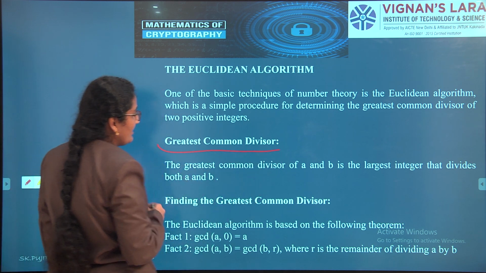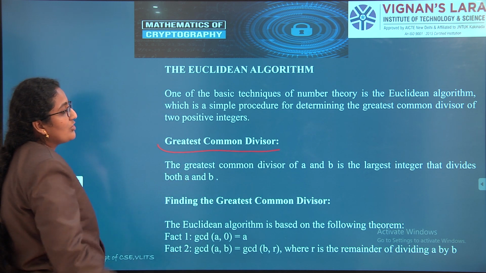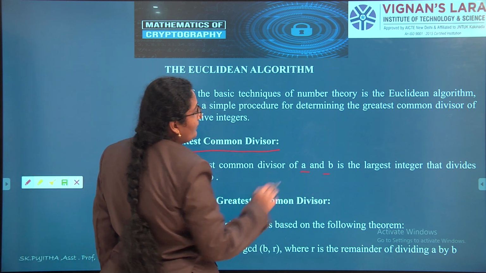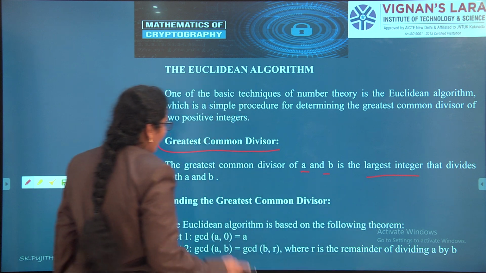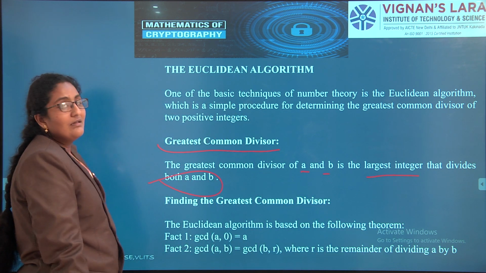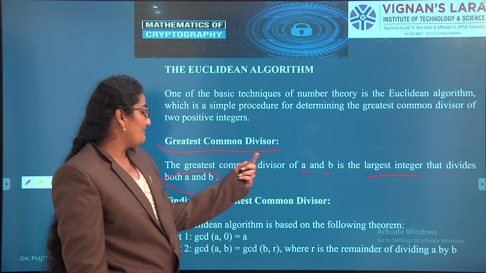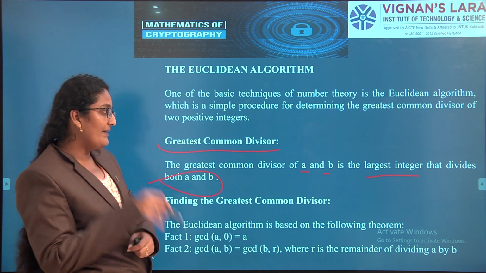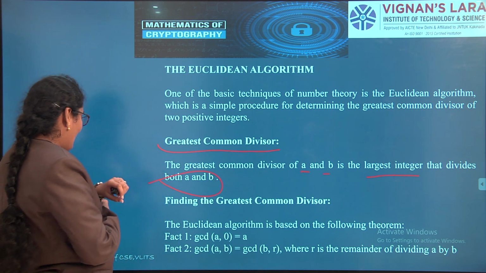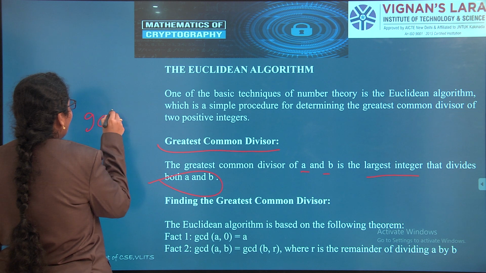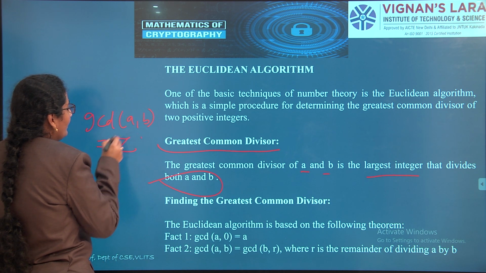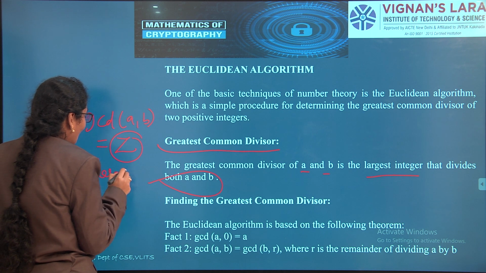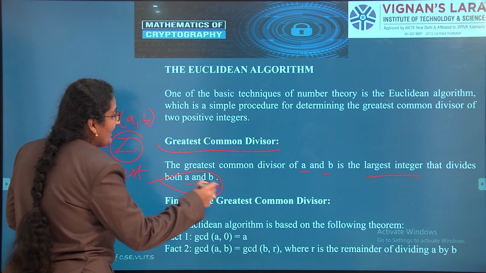The greatest common divisor of a comma b, two positive integers, is also the largest integer that divides both a and b. This is the largest integer and it will divide both a and b.